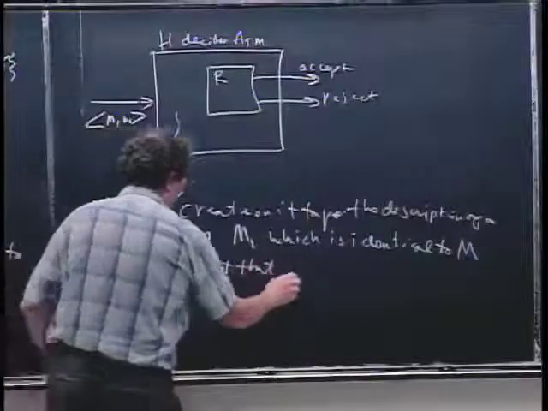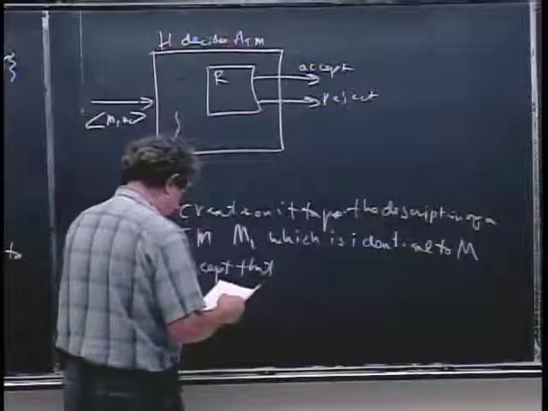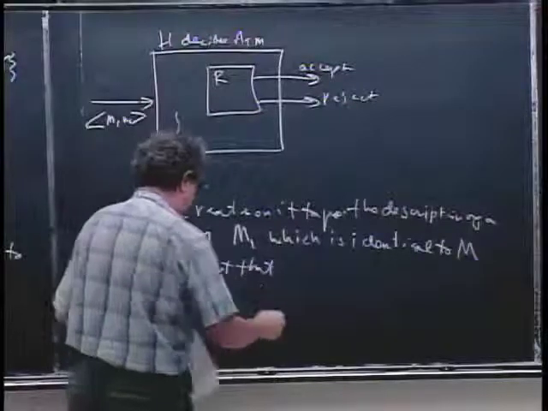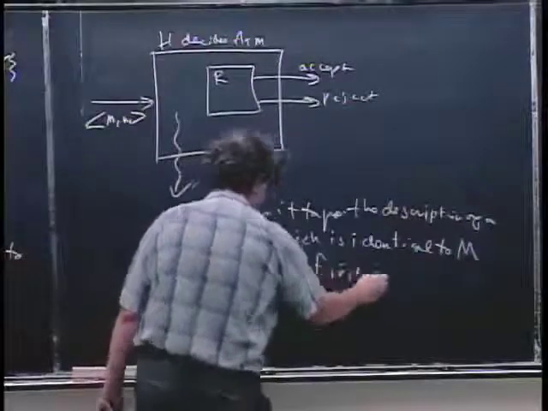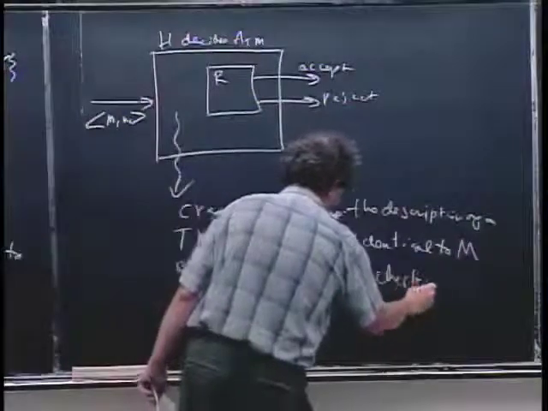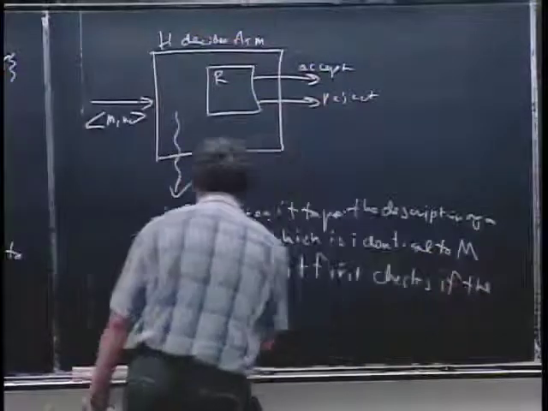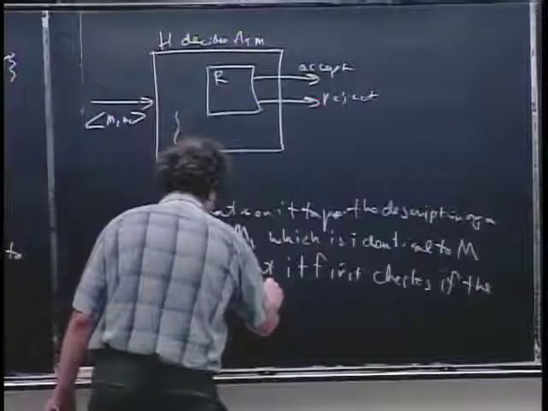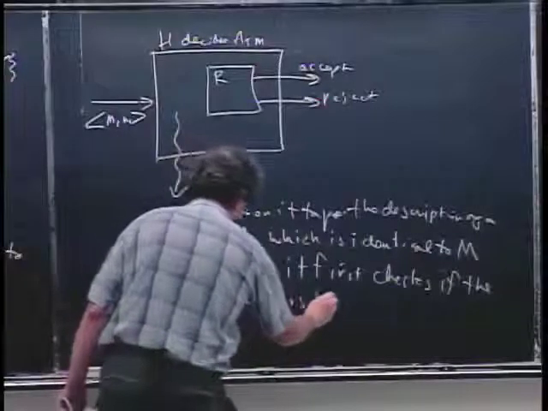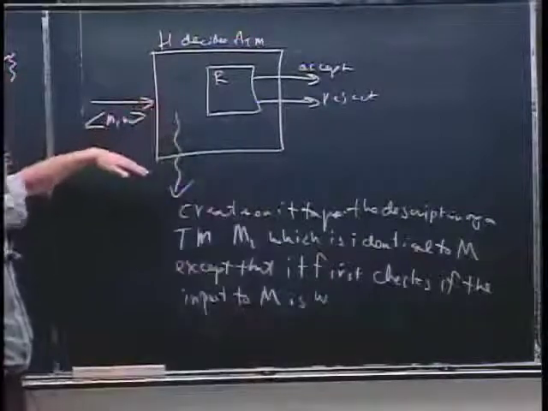That the first thing it does, it first checks if the input to M is W. Remember the sequence of events here.